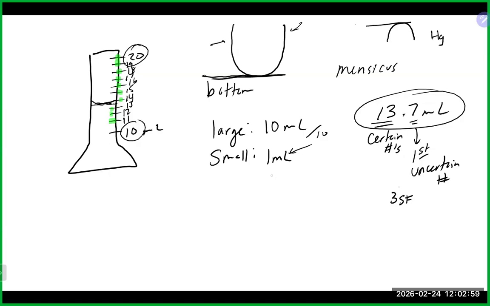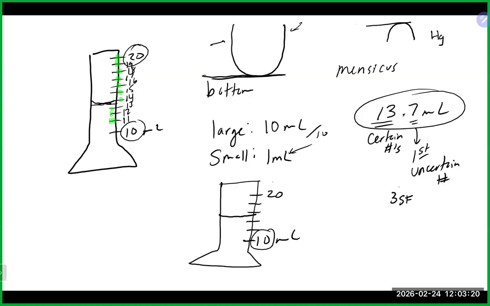And what happens is, let's say we had this one, and we'll pop our liquid right about there, maybe. Now, when we look at this one, large markings here for this particular one, still 10 milliliters.